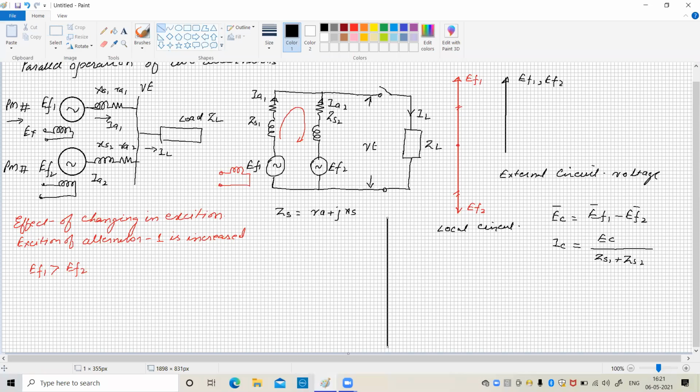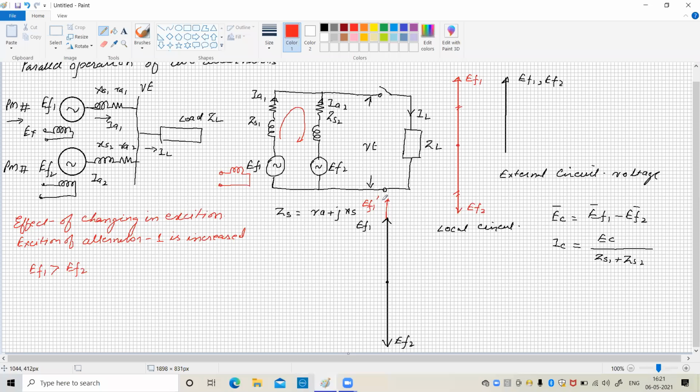Say this is EF1 and this is EF2; both are the same under exact parallel operation condition. Now the excitation of the alternator has been increased, so there is an increase in excitation voltage. Say we have increased it, and we give it the name EF1 dash.